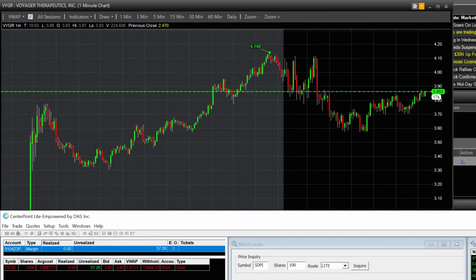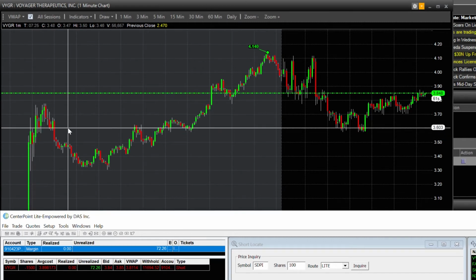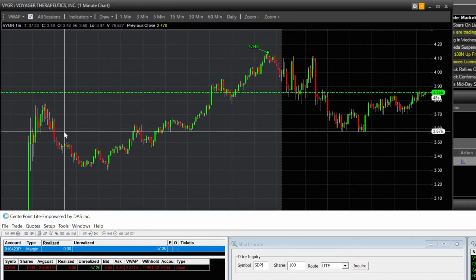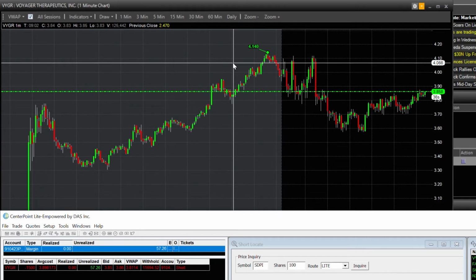Let's do 200 if it gets denied. So I'm looking at level 2. No strong pullback, so I'm not gonna add.